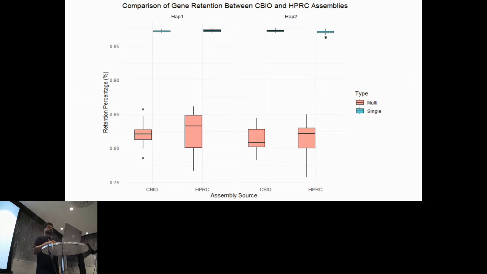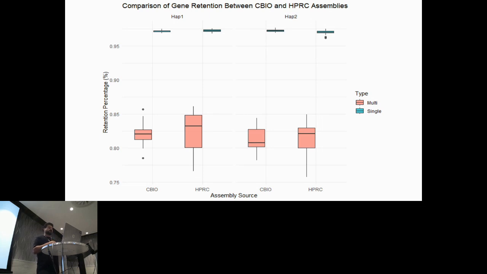And here was a comparison between our assemblies and the HPRC, the African HPRC assembly. And here is to show the single gene and multi-gene retention. As you see, in both haplotype 1 and haplotype 2 for our data sets, and also the HPRC data sets, it is still at the same level with a minimal difference, which means that both our samples and the HPRC samples can capture the single genes successfully.